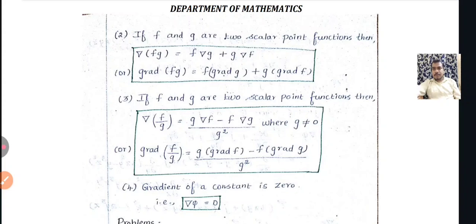The second property is, if f and g are two scalar point functions, then del of f g is equivalent to f into del g plus g into del f, that is gradient of f into g is equivalent to f into gradient of g plus g into grad f.